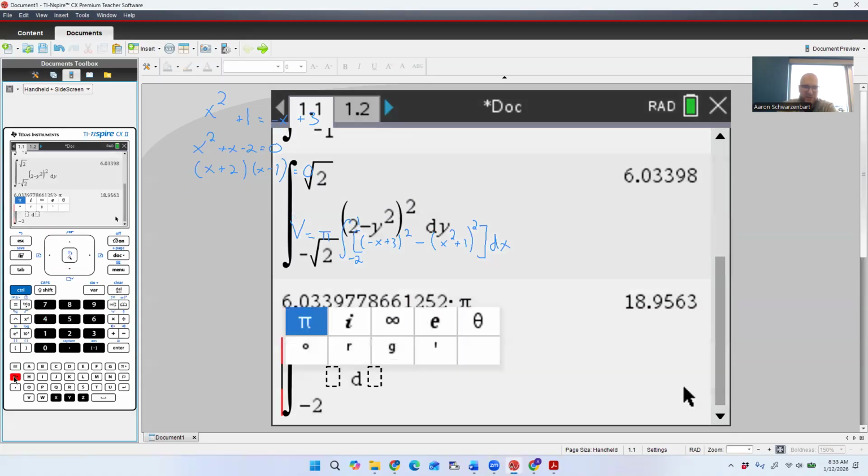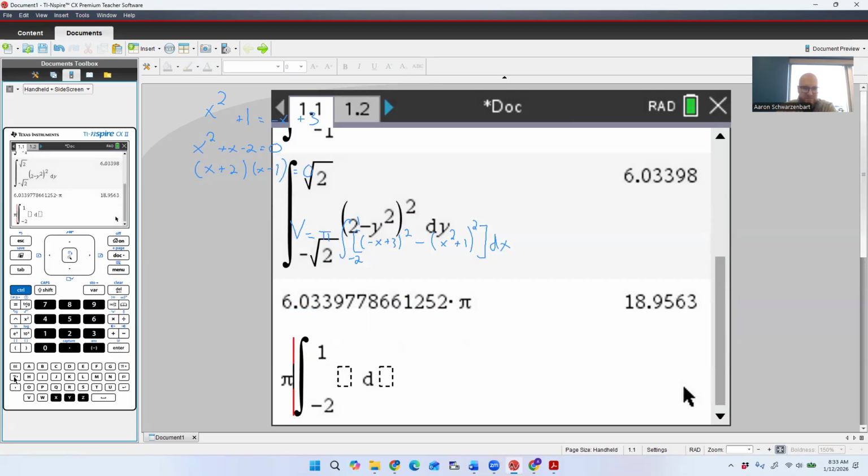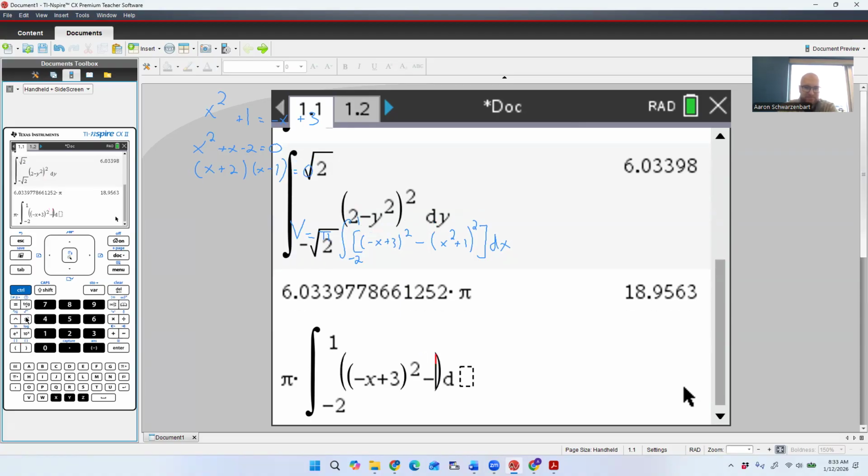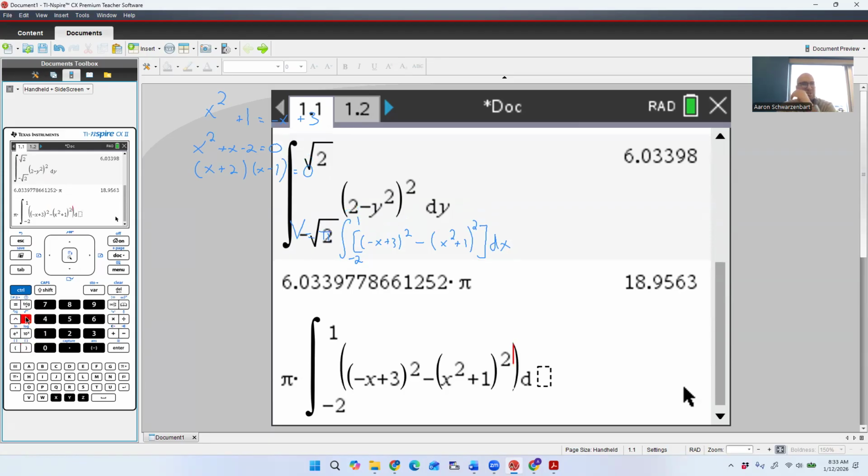It'll probably leave it in terms of pi if it's decent numbers. Again, don't forget to square the entire quantities. It's very easy to forget, especially the second one.